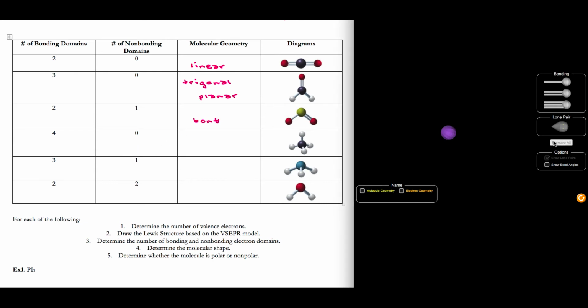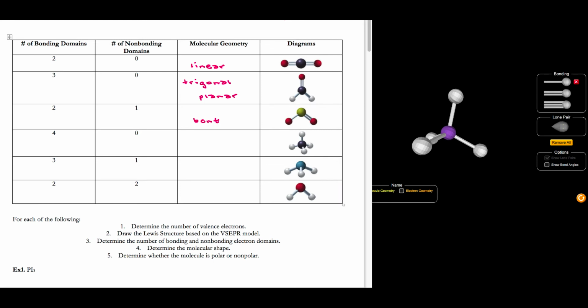Okay, let's look at the next molecular geometry. 4 bonding domains, 1, 2, 3, 4. I've got 4 atoms attached, no lone pairs of electrons, no non-bonding domains. If you look at this, it looks exactly like this, and we call that tetrahedral.